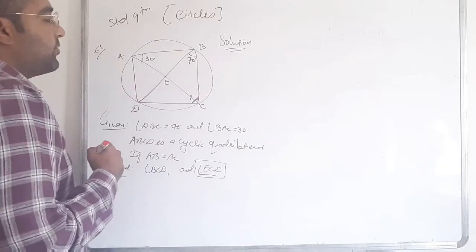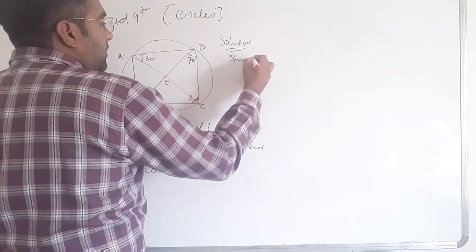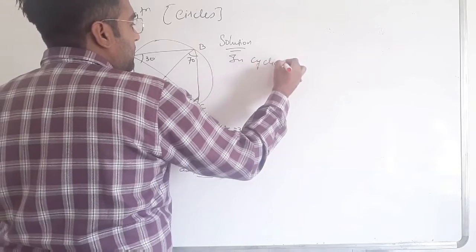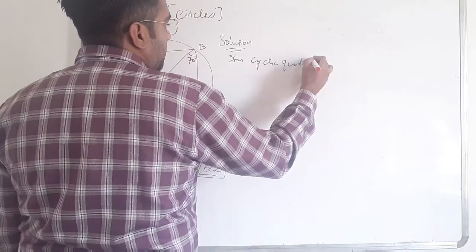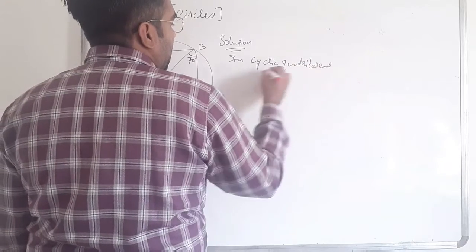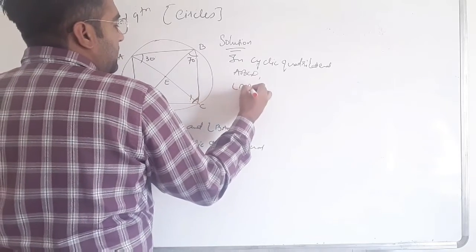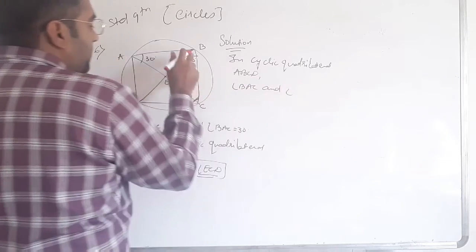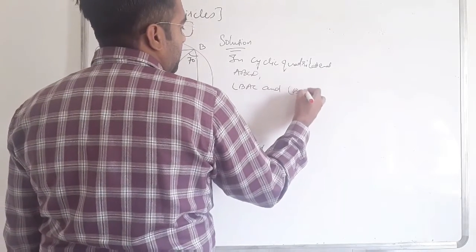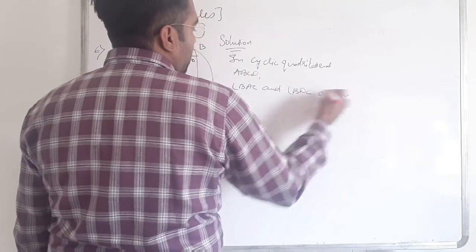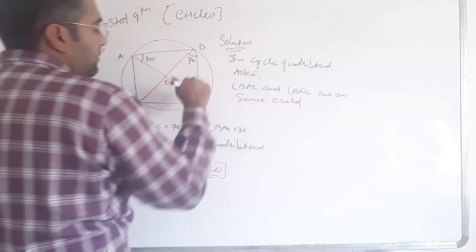So in the solution, in cyclic quadrilateral ABCD, angle BAC and angle BDC are on the same chord, that is BC.